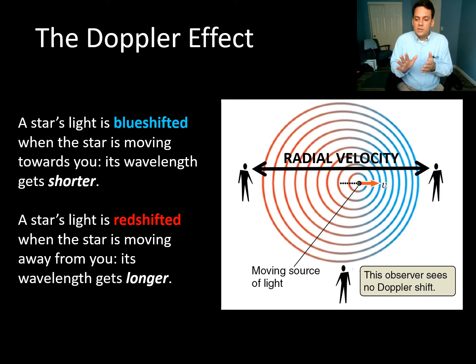And so the Doppler effect gives us some insight into what we call the radial velocity, which means the speed that the star is moving either towards or away from us, but it doesn't give us any insight into what we call tangential velocities, which means velocities in the line perpendicular to that radial velocity.